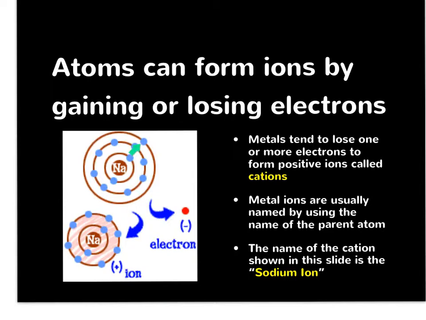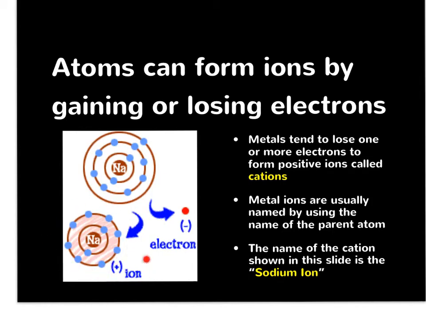When sodium loses that valence electron, 2 things happen. You have 11 protons and only 10 electrons. When the number of protons exceeds, or is more than the number of electrons, then the overall charge of the atom changes from neutral to a positive charge.